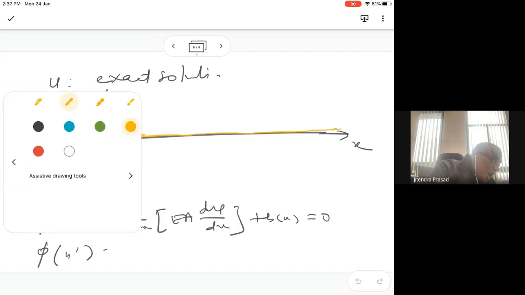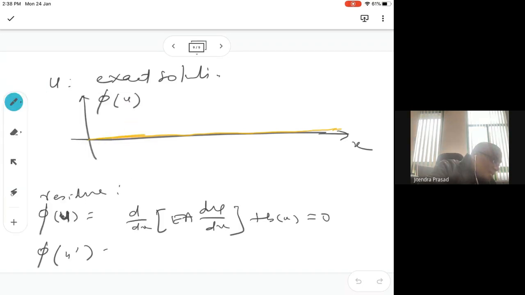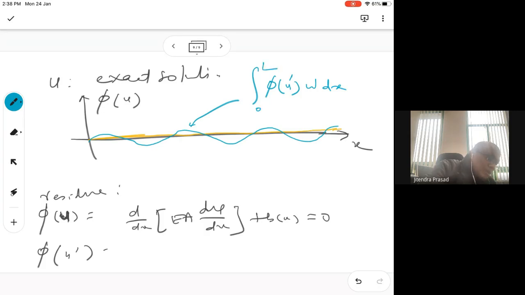It's possible that the integral of phi u w dx from 0 to L, sorry, I should not write like that. Rather, we should write it like this: phi u dash multiplied by w.